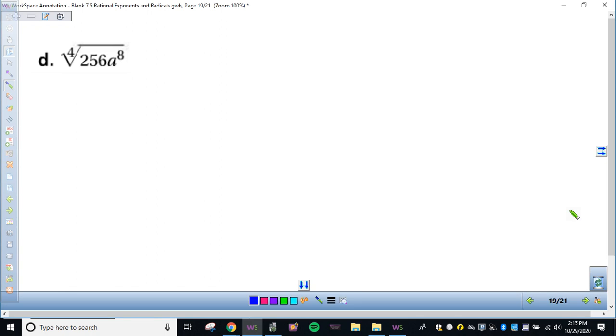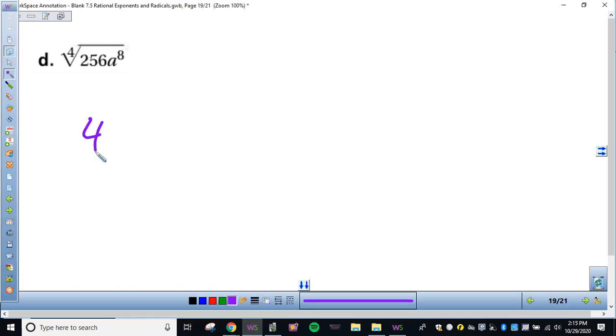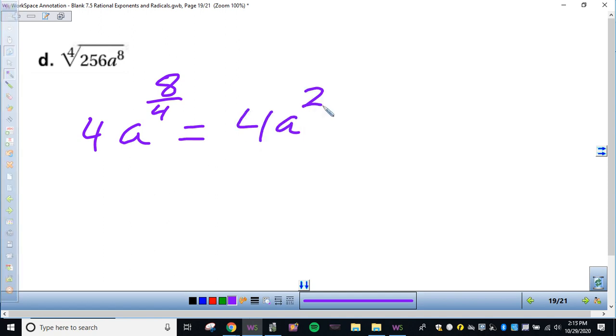So going back here, 4 through to 256 is 4. Now we have a to the 8 fourth power, which is the same thing as 4a squared. Okay, so if you can either reduce this fraction or just straight up divide it and get a whole number, always reduce or divide if you can.